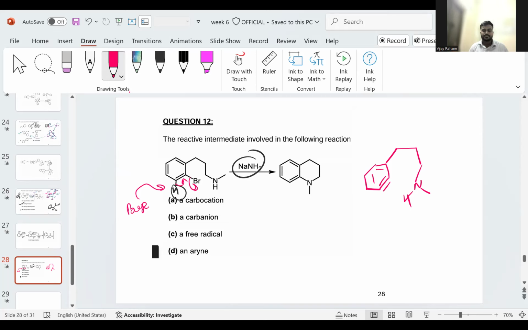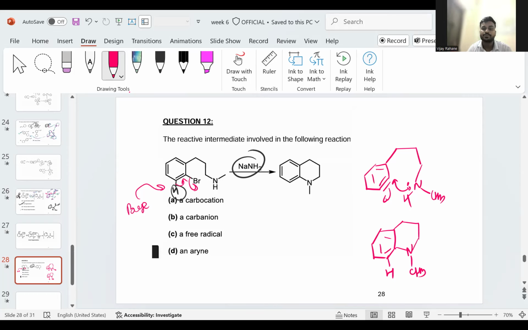So now the lone pair of nitrogen, as I have shown earlier, can attack. This attack goes here, and it abstracts the proton from the nitrogen only. So it gives the compound in this way. This is the nitrogen and the earlier methyl remains the same. Nitrogen goes here, right? So this is the mechanism of the reaction.